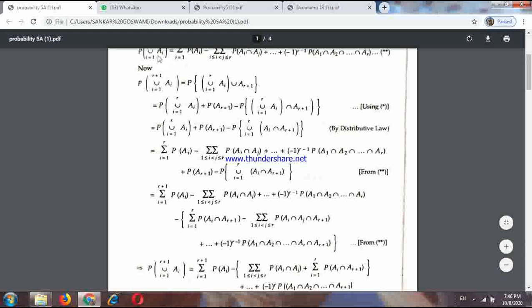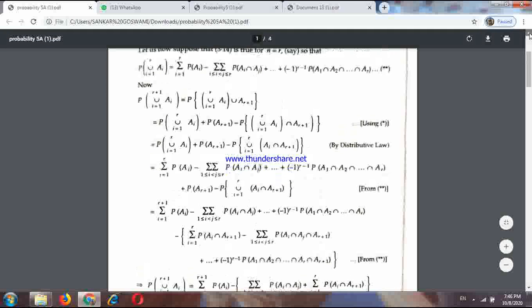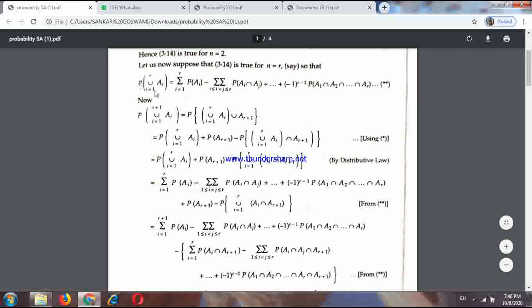Now here again I apply the addition theorem, to P of union i from 1 to r of (A_i intersection A_(r+1)). Suppose I take this as a single event. How can I write this?